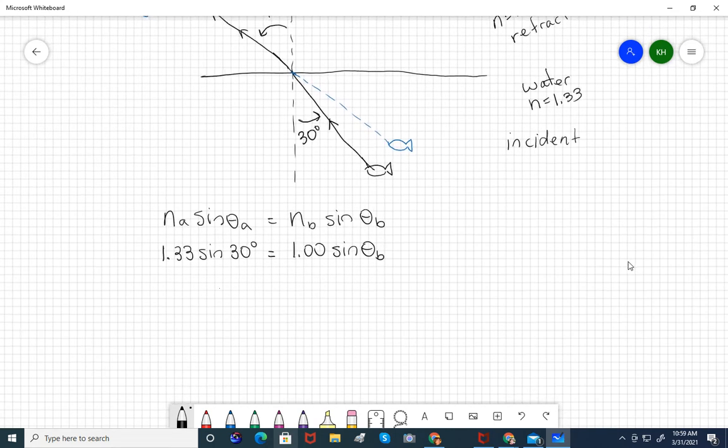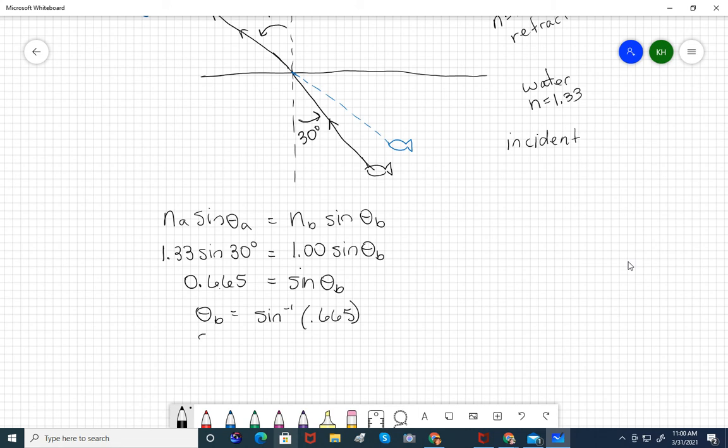We have to actually do a sine inverse to get theta B. If you multiply this out, 1.33 sine 30 is 0.665. So theta B is equal to the sine inverse of 0.665.